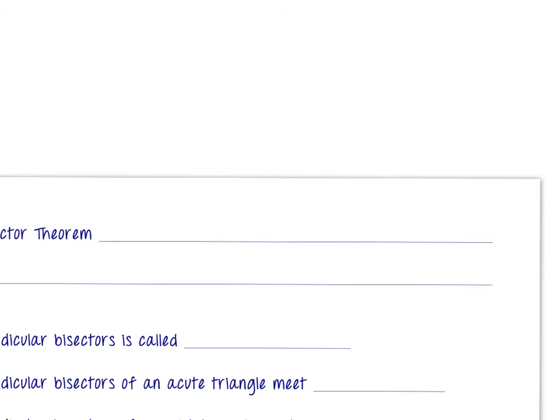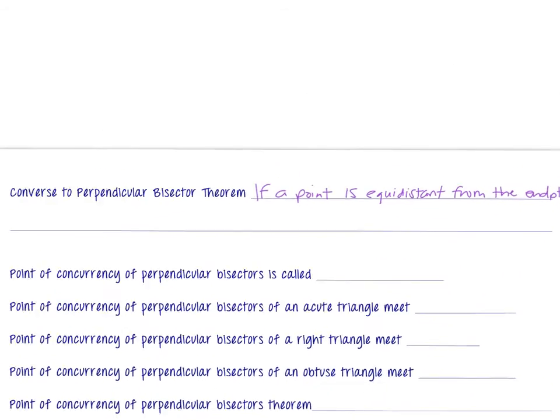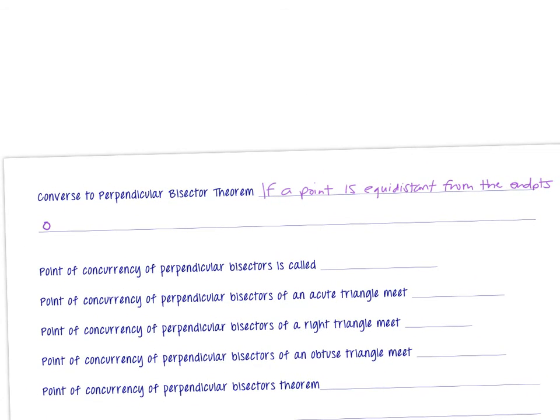So if a point is equidistant from the endpoints of a segment, then it lies on the perpendicular bisector of that segment.